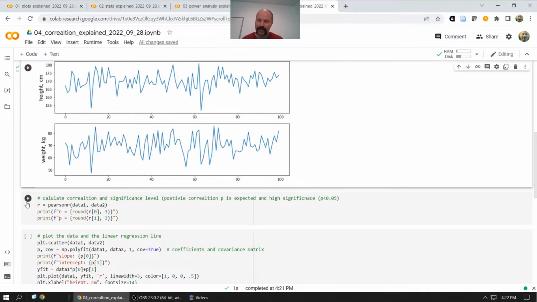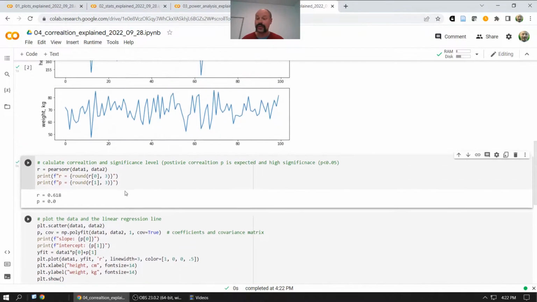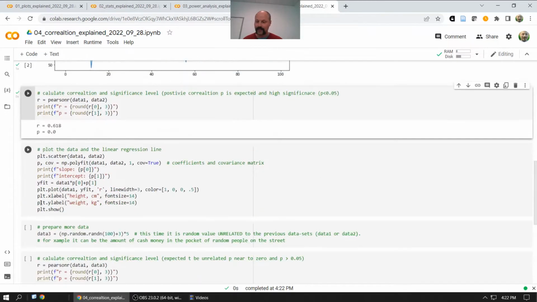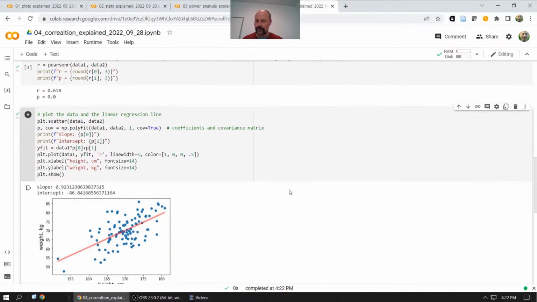But before, we might try to estimate the correlation coefficient and to see if it is significant or not. So this is absolutely significant and a very high correlation coefficient, positive correlation. Now we do our visualization with a scatter plot and a line trend.